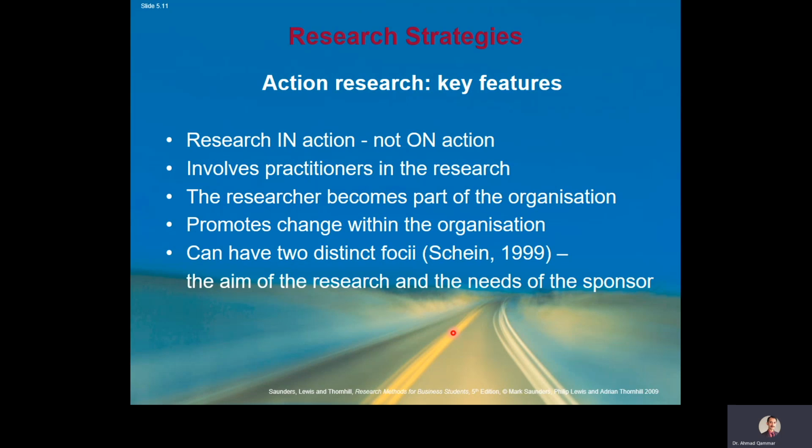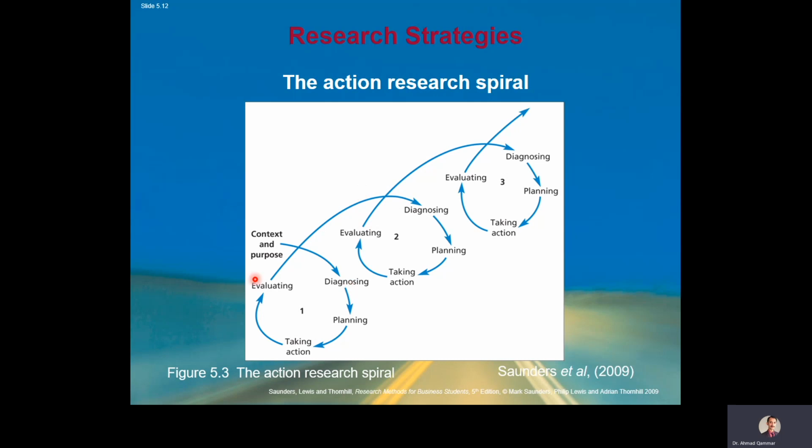Once the action is determined, that is implemented in the organization. If you look at this spiral, first they analyze the context and the purpose of research, and then they diagnose what the problem is. So action research is very much embedded in the practice.